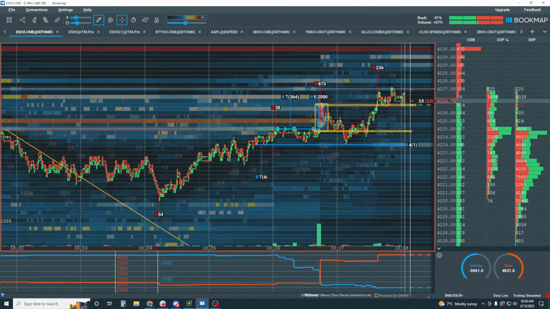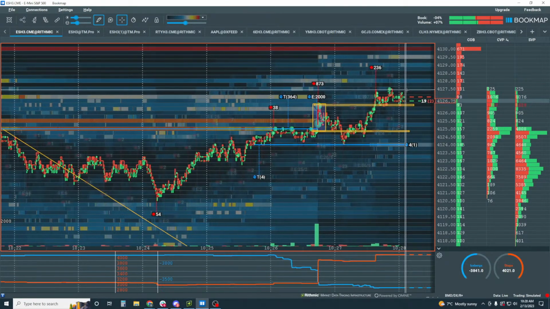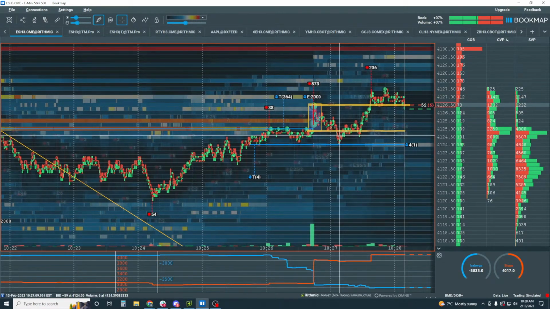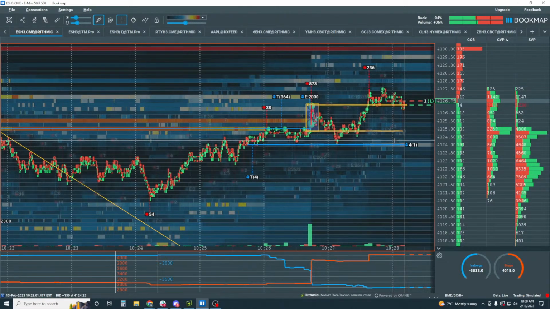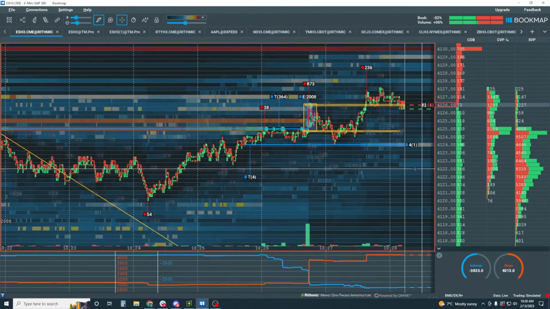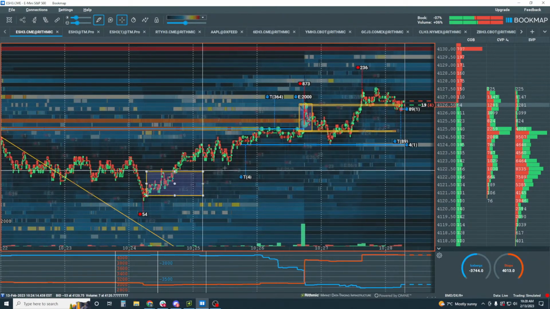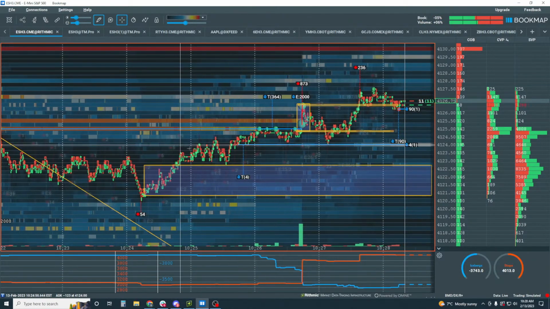If we still get more buyers in here, we're likely going to go higher. If we get sellers down in this area, it's going to be a mean reversion trade into a high volume node or the other side of the range in here. So we can mark that up down here.